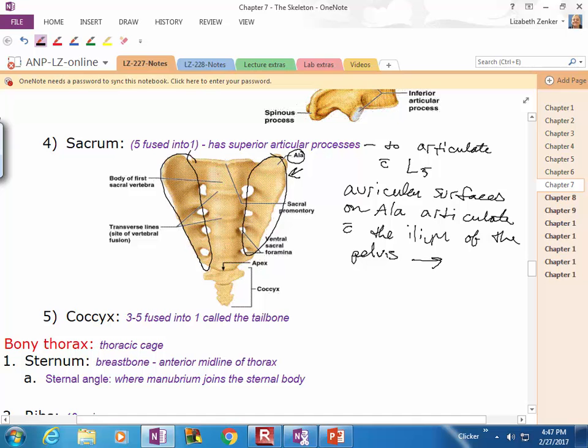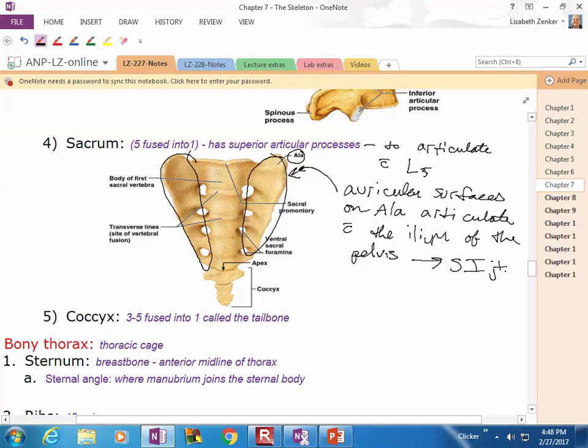And that area we would call your sacroiliac joint, or for short, the SI joint. And again, that's on the posterior aspect. That's why you can't see it in this view, because we're on the anterior side of it.